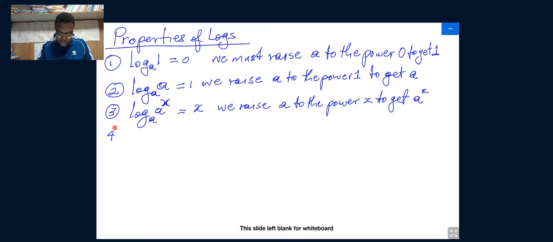Number 4. We now have a, this looks totally different, exponent log x with base a. This looks interesting. What have we done here?